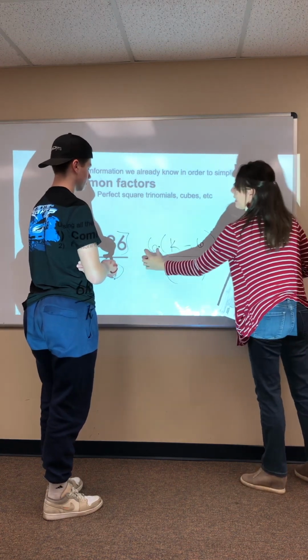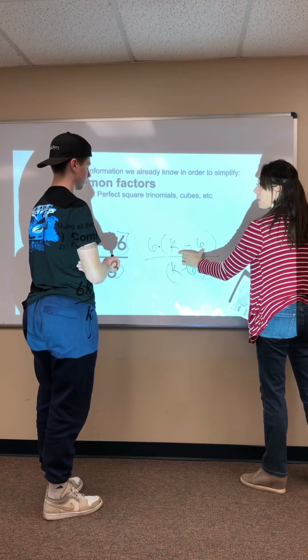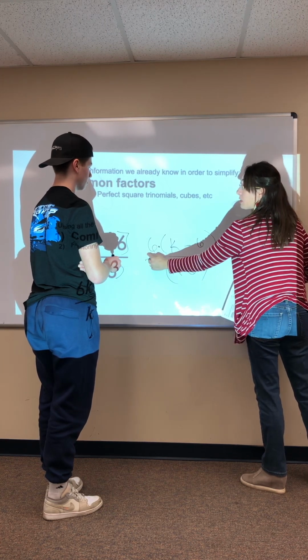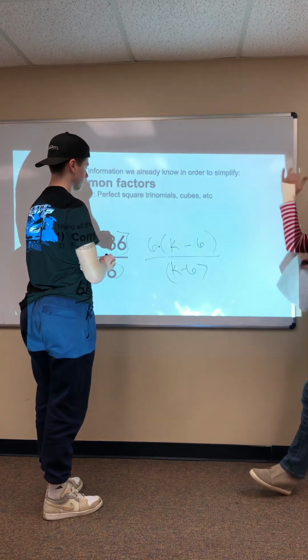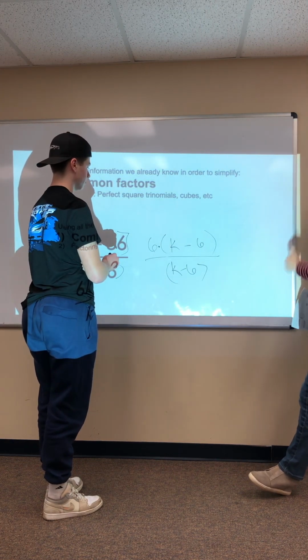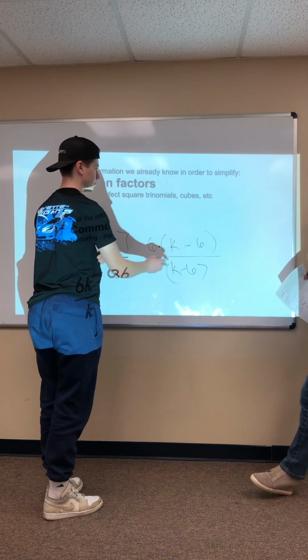So we can separate the entire 6 minus k from the 6. Right. Okay. Correct? Okay, so what things are exactly the same on the top and the bottom that are a whole grouping? Just these two binomials. Correct.